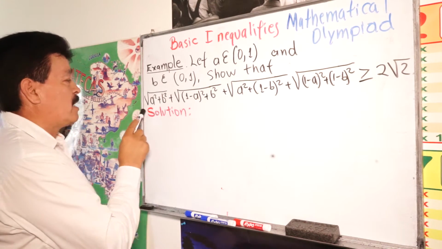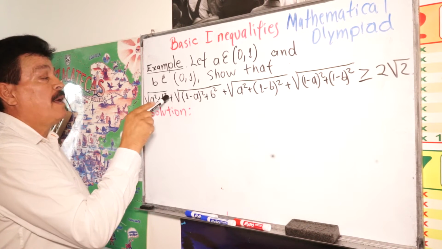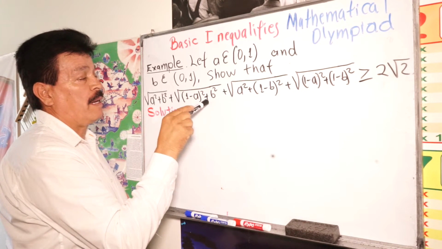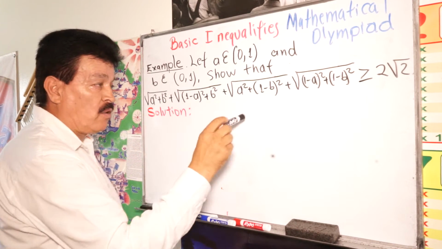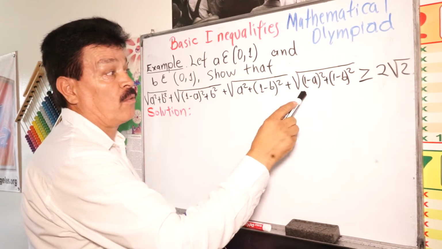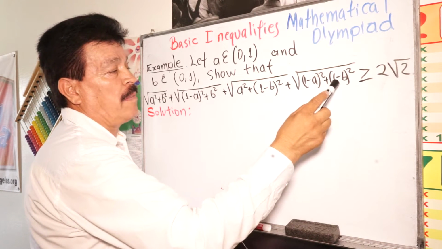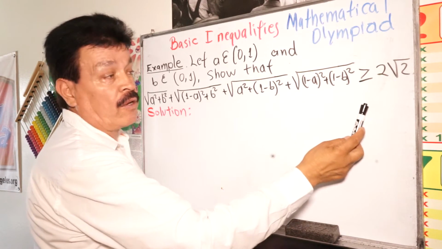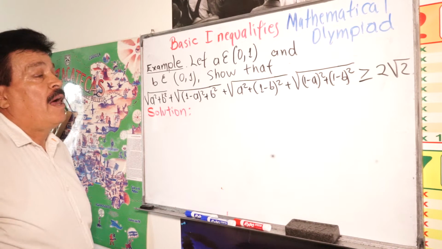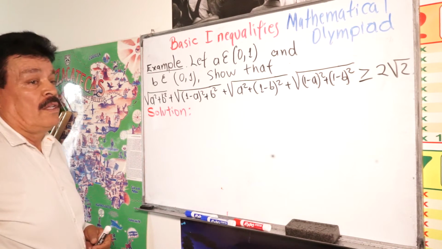Show that the square root of a^2 + b^2, plus the square root of (1 - a)^2 + b^2, plus the square root of a^2 + (1 - b)^2, plus the square root of (1 - a)^2 + (1 - b)^2, is greater than or equal to 2 times the square root of 2. All right, so we are going to show that this statement is true.